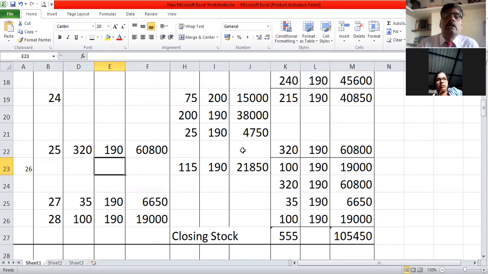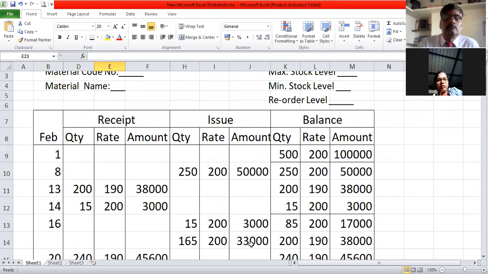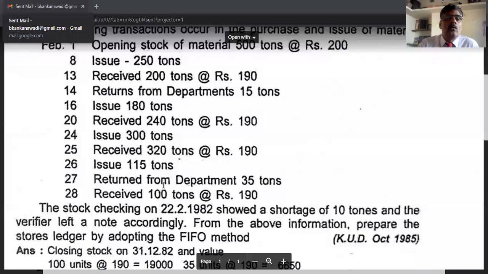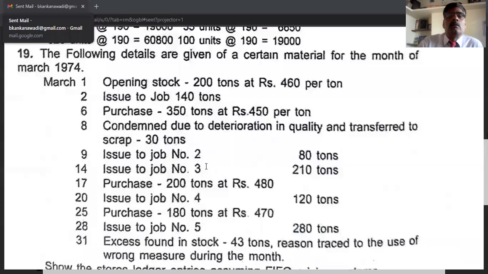Now you see example number 19. This is example number 19.